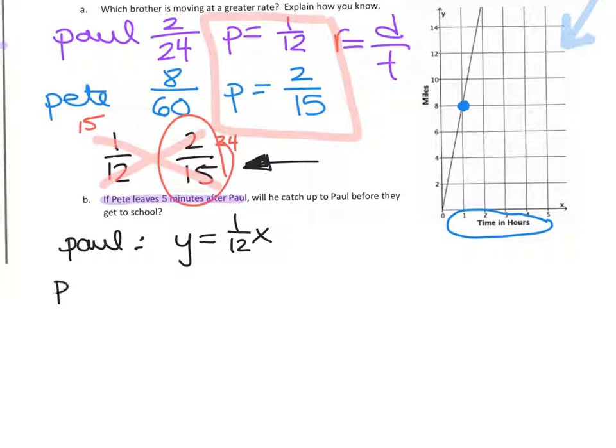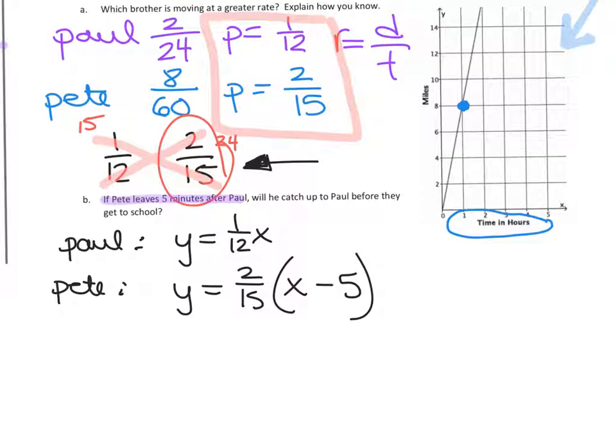Pete, however, when we consider his equation, y equals 2/15, but it's not just x, it's x minus 5, because whatever Paul's time is, you've got to remind yourself that Pete is 5 minutes behind that. So if Paul is 2 minutes into his walk, Pete hasn't woken up yet.